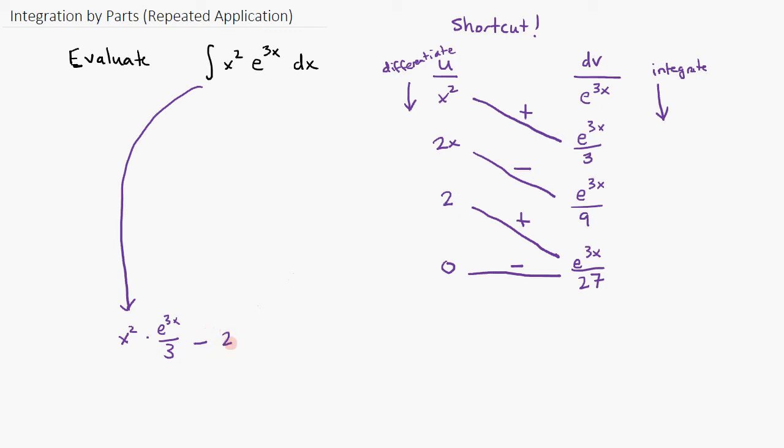So minus 2x times e to the 3x over 9. The third u times v would be this times this. And then finally you have the integral of v du.